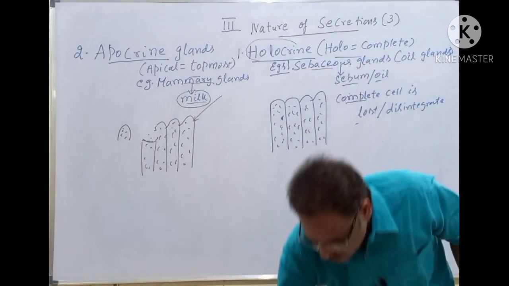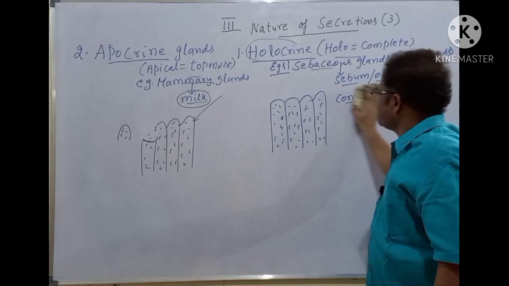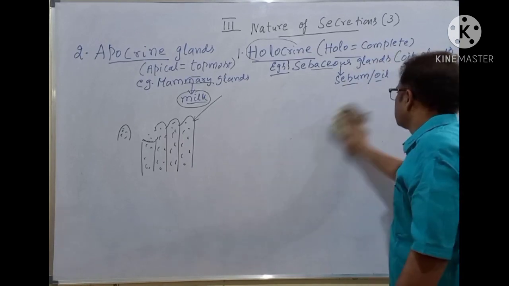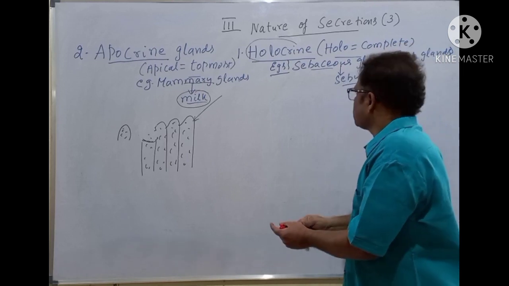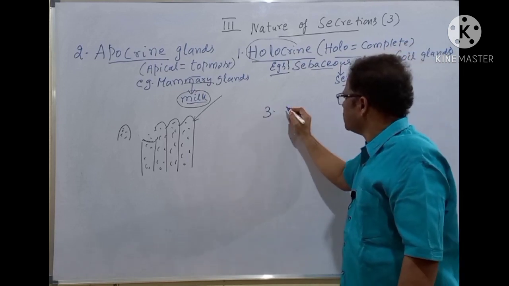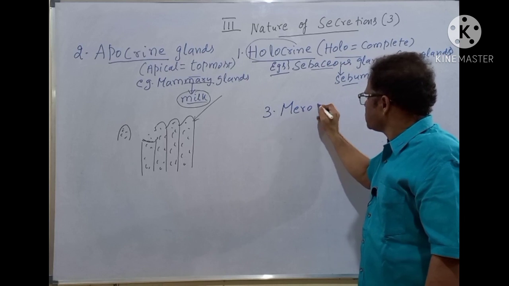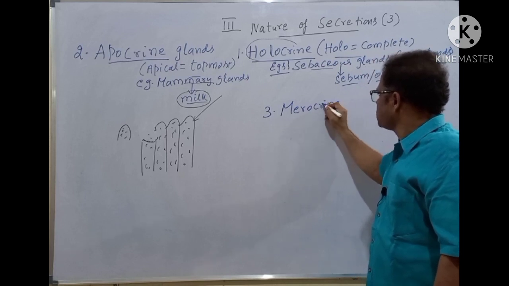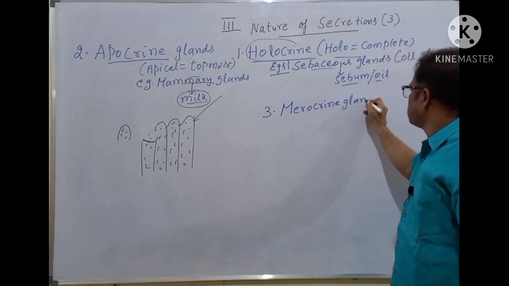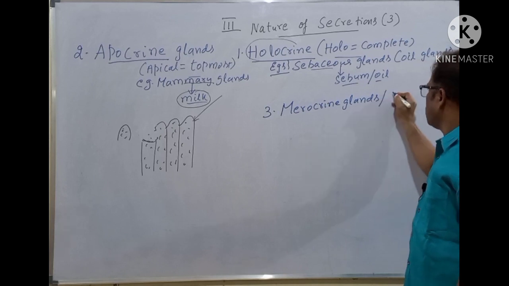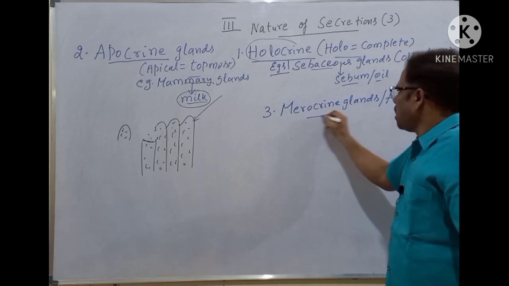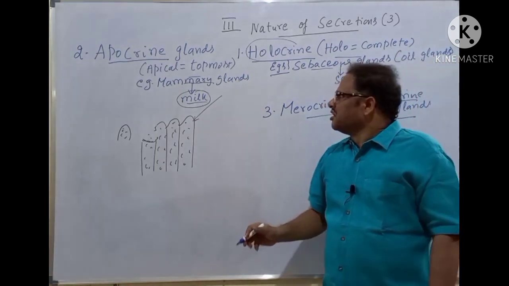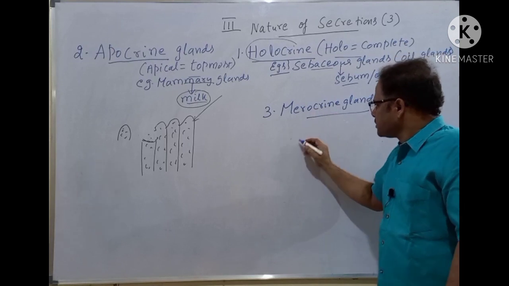The third aspect here, let's discuss. The third aspect is merocrine glands, also called eccrine glands. Now you might have got the idea, isn't it? No part of the cell is lost here.